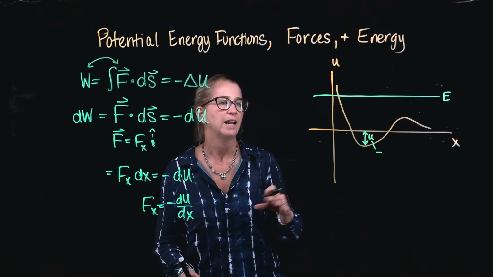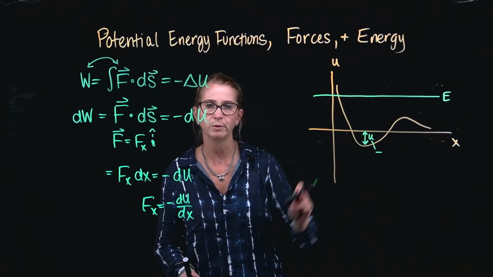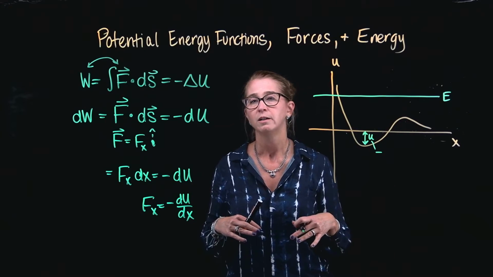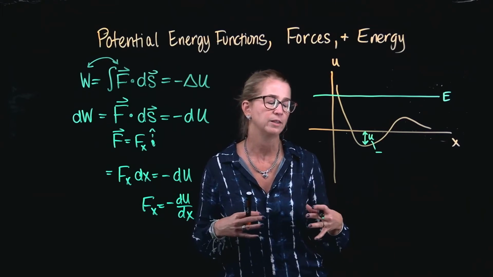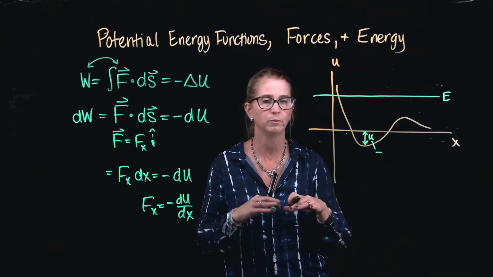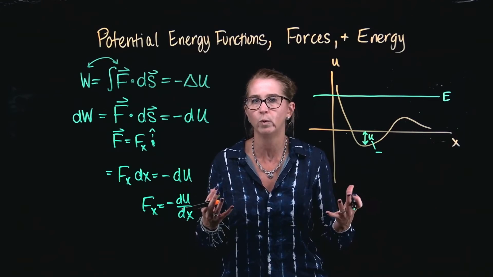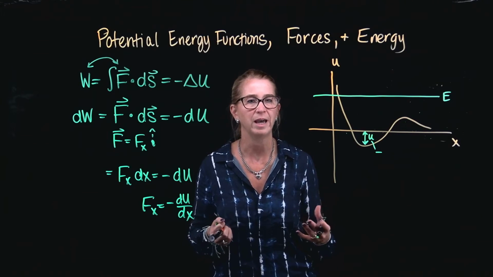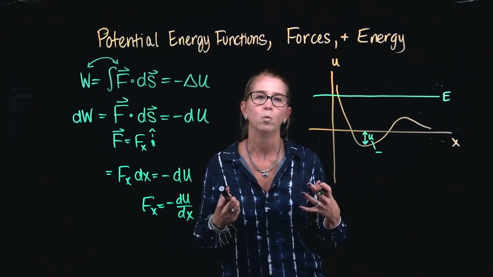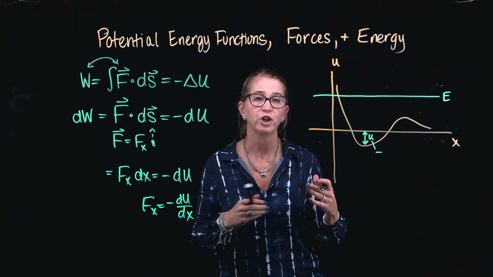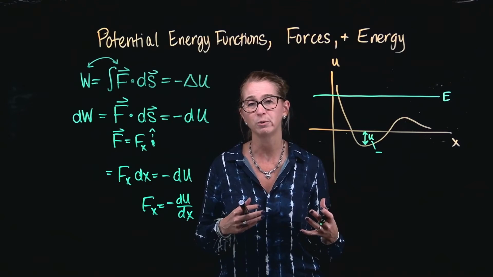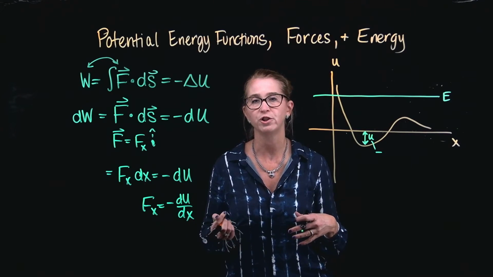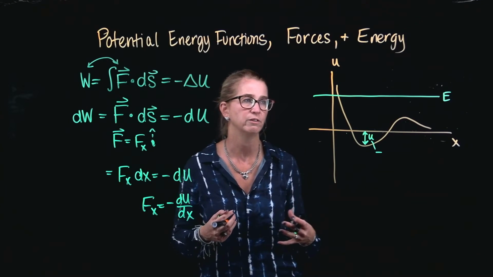But that is possible because remember, with potential energy, we can say that U equals 0 is wherever we want. The reason for that is because it only matters what the change in potential energy is, and that's all that we really care about. So the fact that the potential energy is 0 somewhere doesn't really matter.